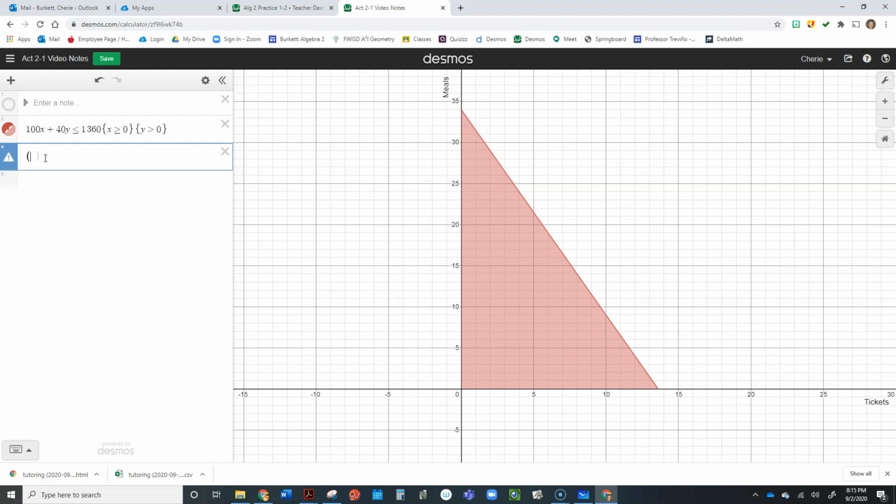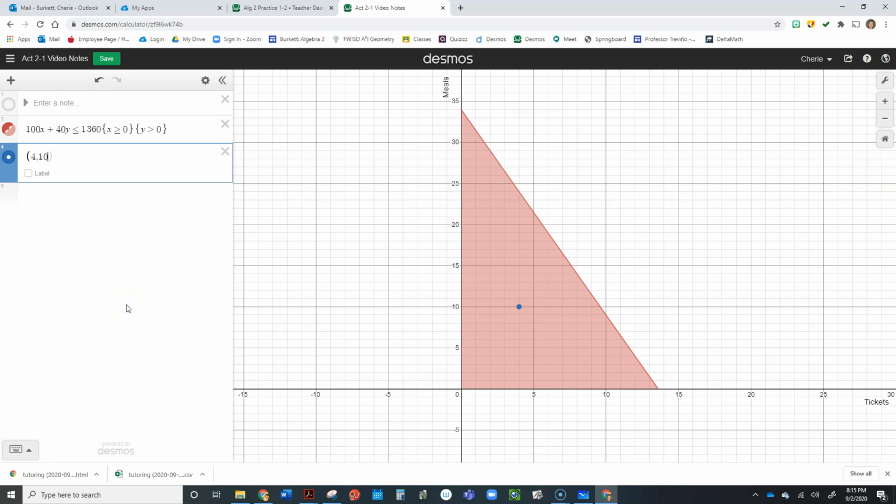The point, let's say 4 comma 10. There's the point (4, 10). (4, 10) is in the shaded section, so he can buy 4 shows. He can go see 4 shows and he can eat 10 meals in the 5 days that he's there.